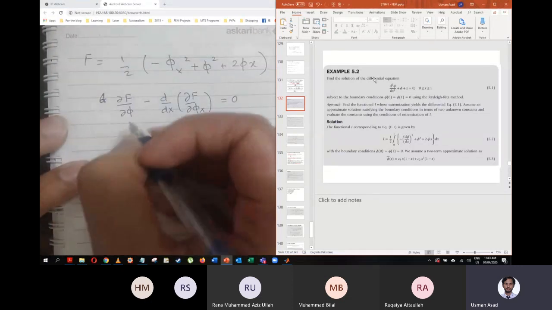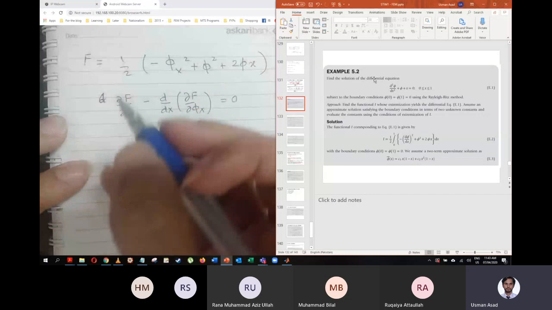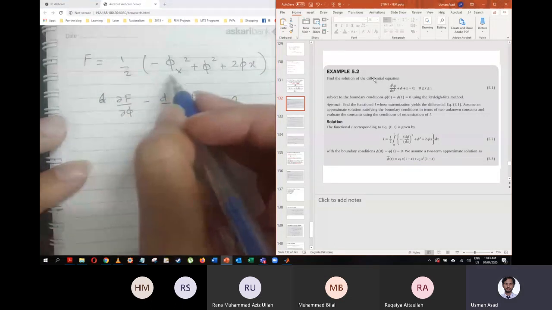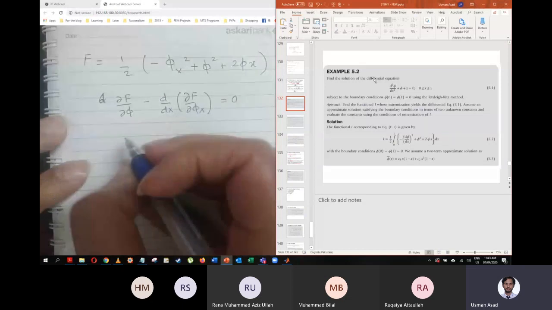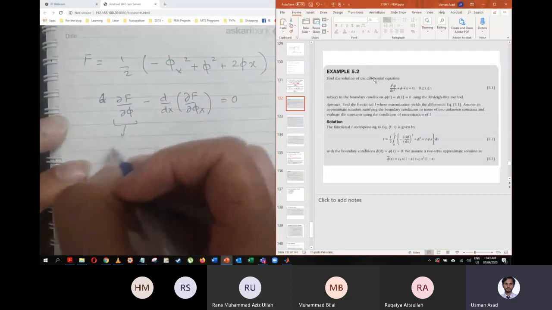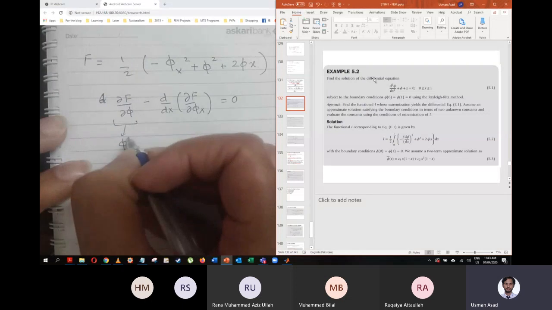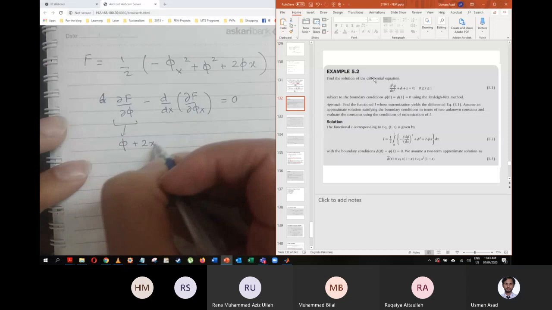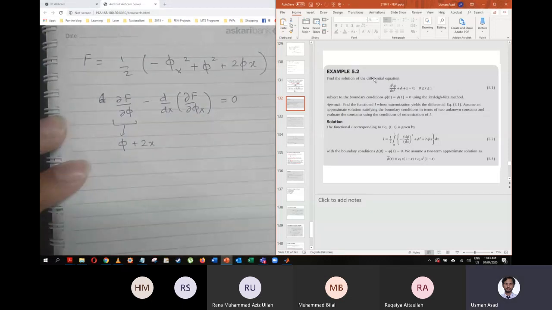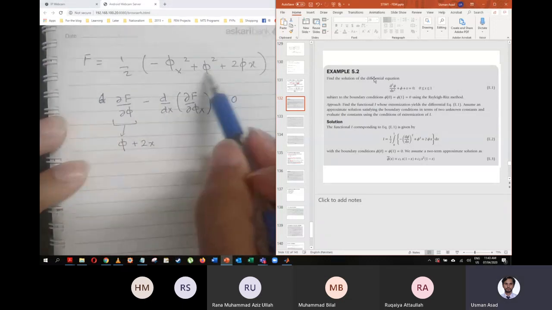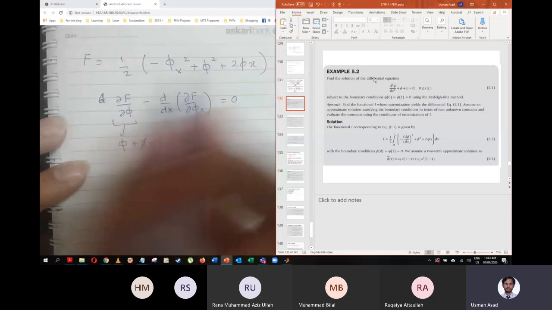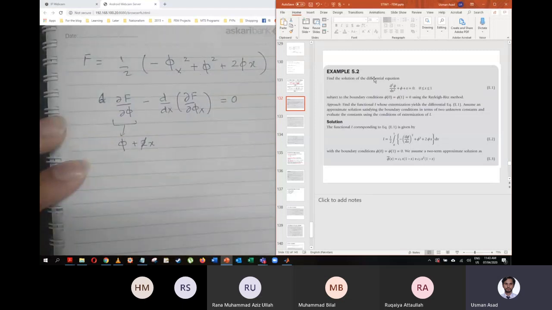So how would you do that? This is the third example. Its derivative with respect to phi is just going to be phi plus 2x, right? Here the phi term comes, plus 2x by the way divided by 2, so plus x, right? This is also divided by 2, so phi plus x.